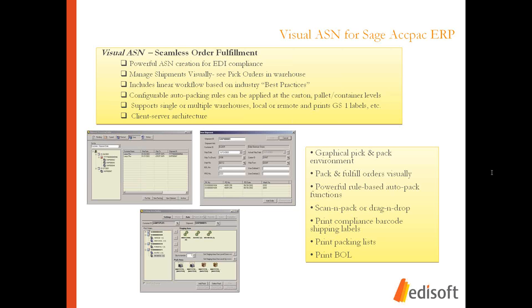All of those are a result of many years of expertise on behalf of Edisoft, working with different companies and different vertical industries. Visual ASN also includes configurable auto packing rules that can be applied at the carton as well as pallet level, supports single or multiple warehouses, and has a client-server architecture.